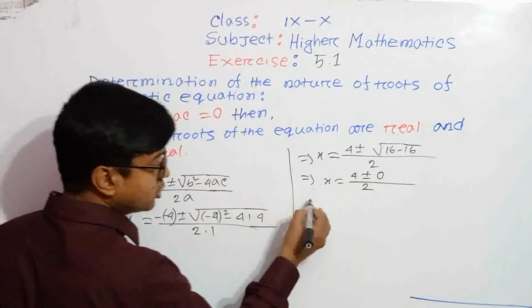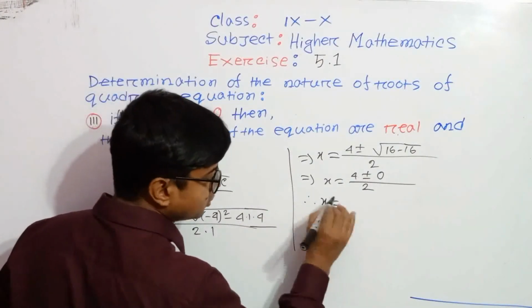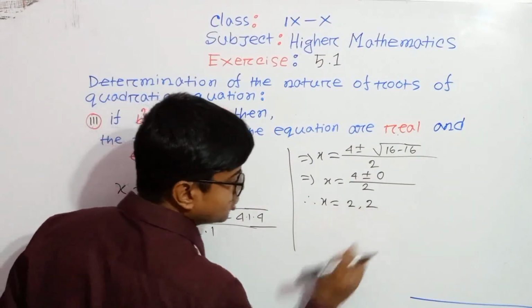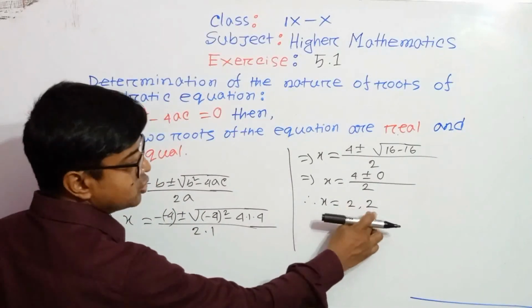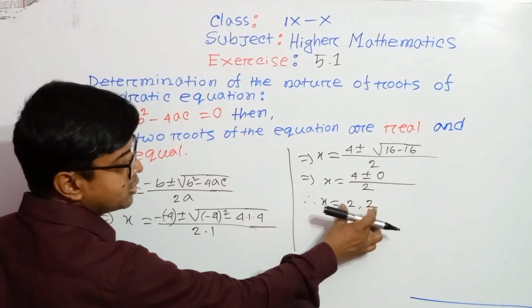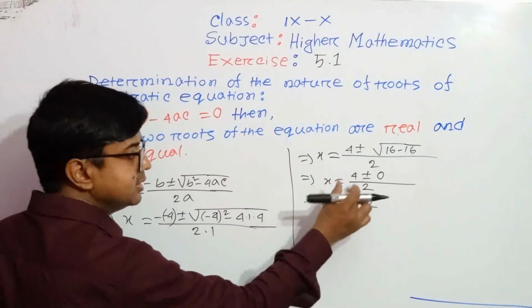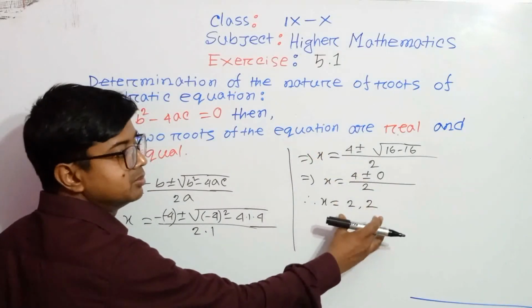So our two roots are x equals 2, 2. Look at this here: 2 and 2 are the same, and these are also real numbers.